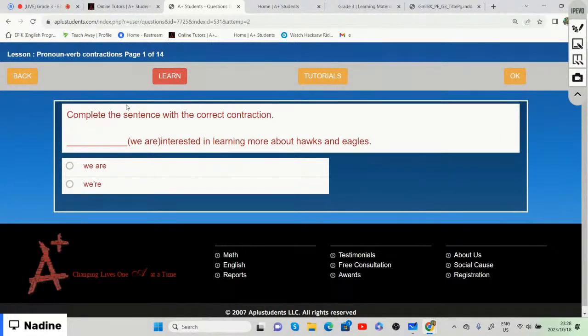Is the contraction we're or is the contraction we're? We need to select the correct contraction. Is it option one or is it option two?